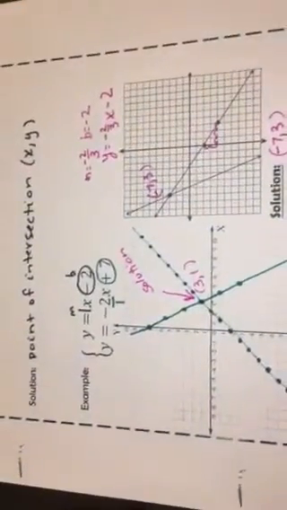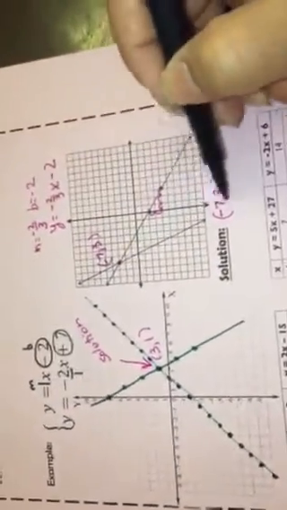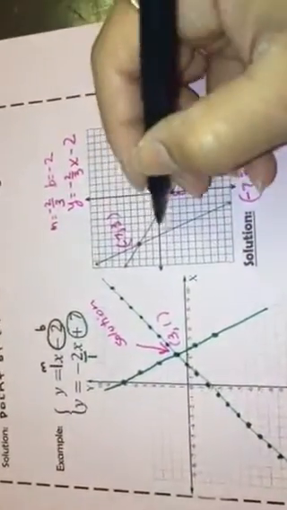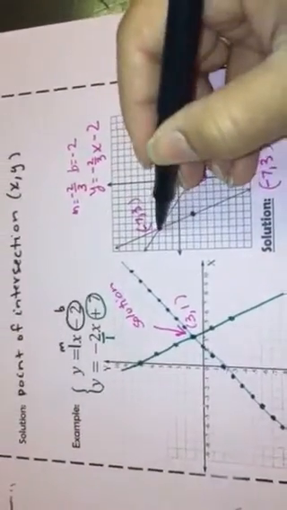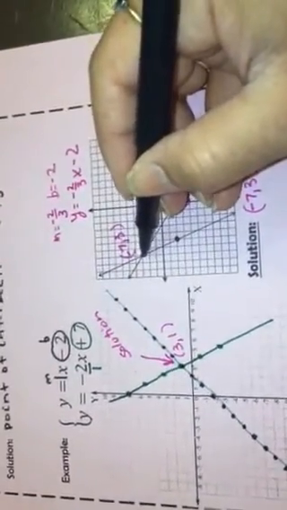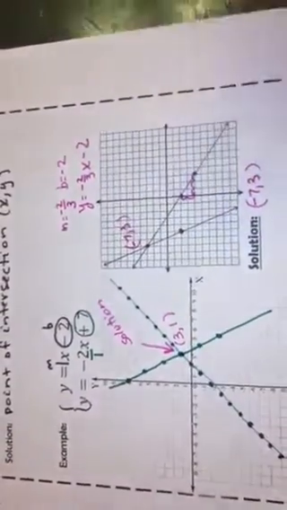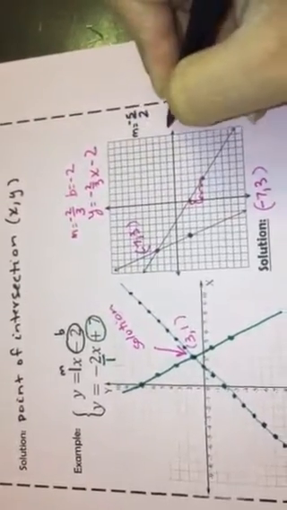The second equation, if you notice, the grid is not big enough for me to find the y-intercept. Okay, so let me find the slope. I'm going to pick this point right here, and I'm going to pick the solution. So I'm going to go 1, 2, 3, 4, 5, 1, 2, and it's also negative. So the slope of that one is -5 over 2.